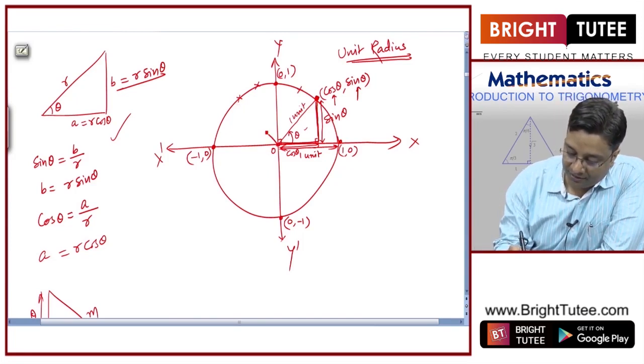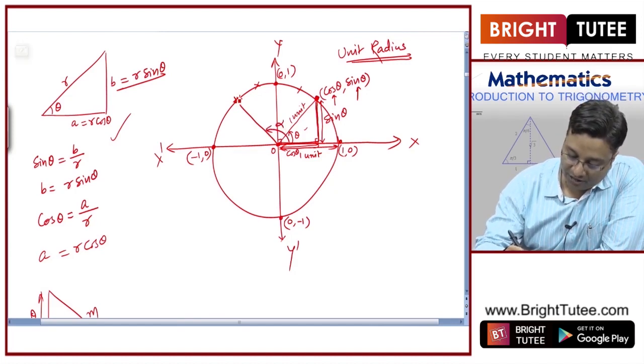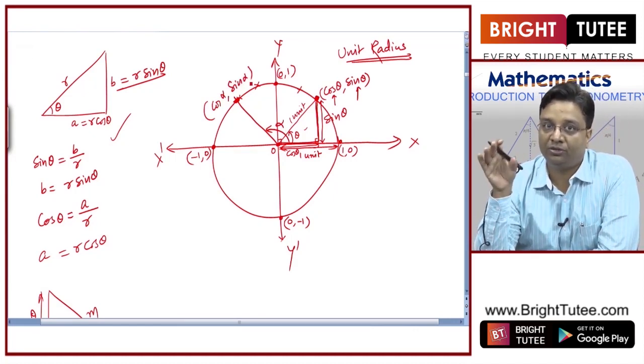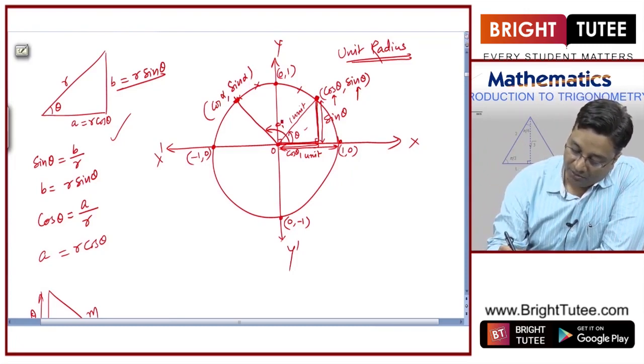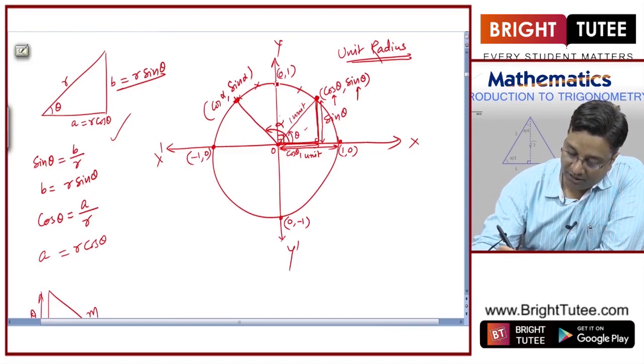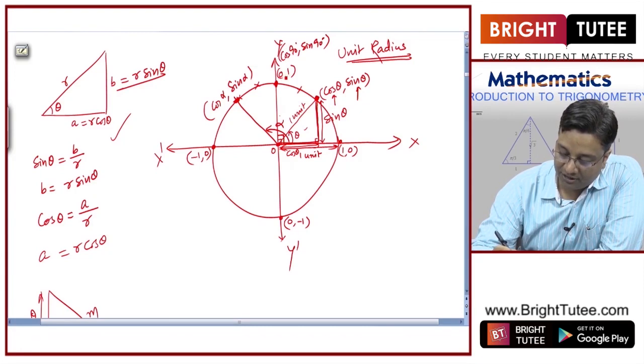Let us say if this angle is alpha, right. So, coordinates of this point will be cos alpha comma sin alpha, right. I hope you have understood this concept. So, what is this angle? This angle is 90 degrees. So, this point will have coordinates as cos 90 comma sin 90, right. But we know that the coordinates are 0 and 1.